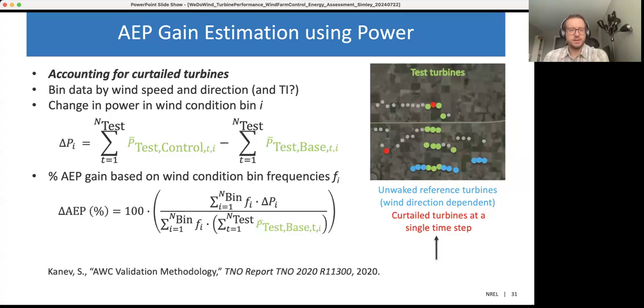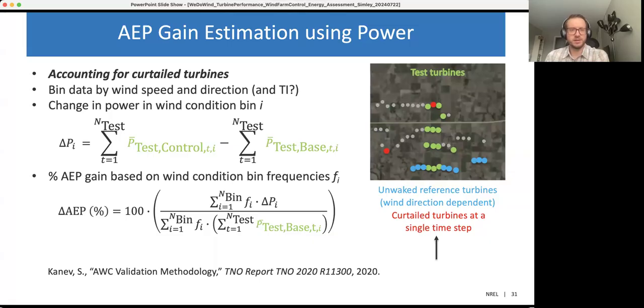And then this method also proposes a modification to this calculation that can account for turbines being curtailed or derated at any given time step. So using the power or energy ratio method that we have in Flask, that's going to require all of our test turbines and reference turbines to be operating normally at each time step to use them, because we're taking the average of those turbines at each time step.